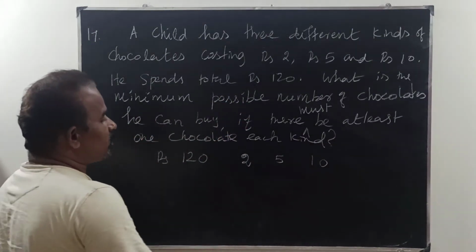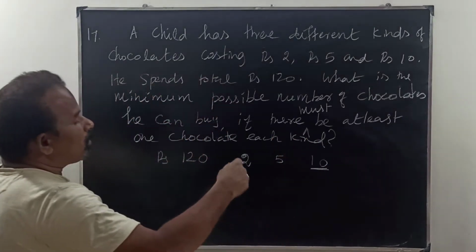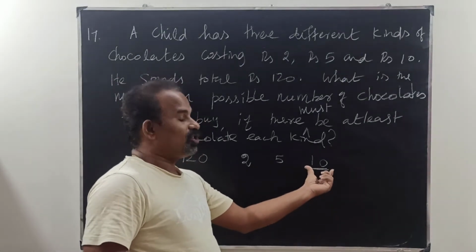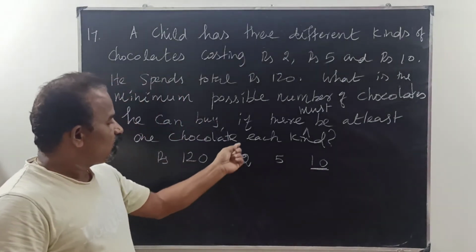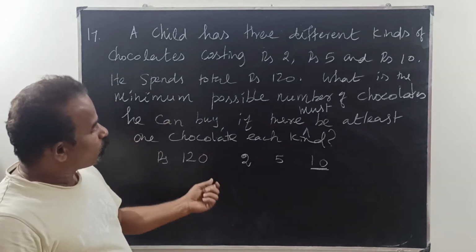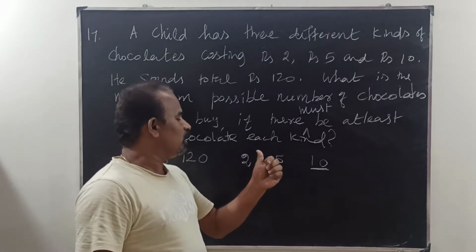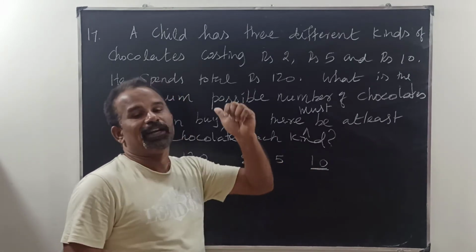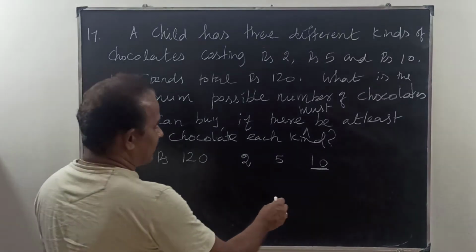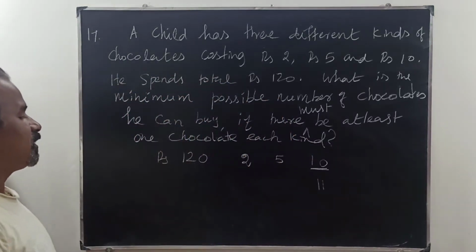What does minimum mean? She proposes to purchase the maximum number of 10 rupee chocolates, in the sense you can get the minimum number of chocolates. But she should purchase at least 1 in 2 rupees, 1 in 5 rupees, 1 in 10 rupees. Suppose, for example, 11 chocolates of 10 rupees.